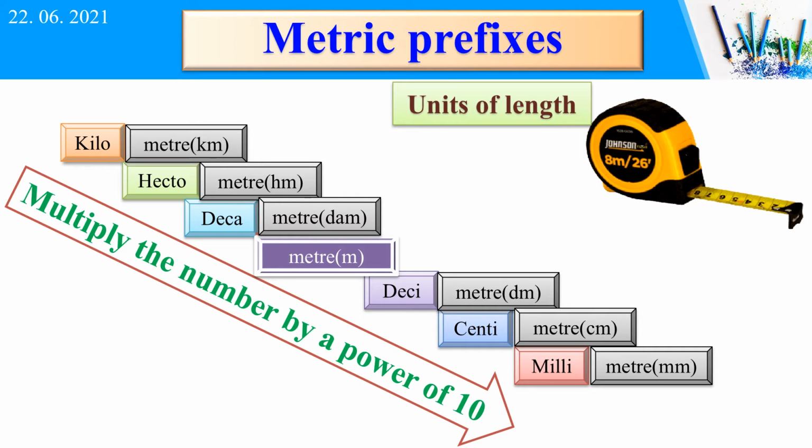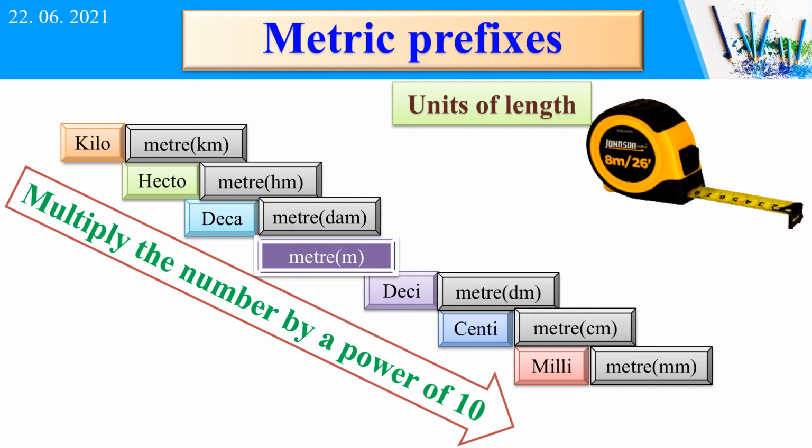For example, if we want to convert a kilometer to hectometer, we are moving one step from kilo to hecto, so we have to multiply by 10. If we want to convert kilo to deca, we have to move two steps from kilo to deca, so we have to multiply by 100, that is 10 into 10. For each step, we have to multiply by 10 with the given number.